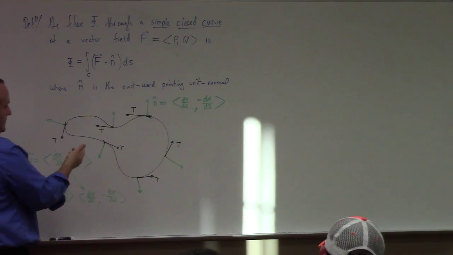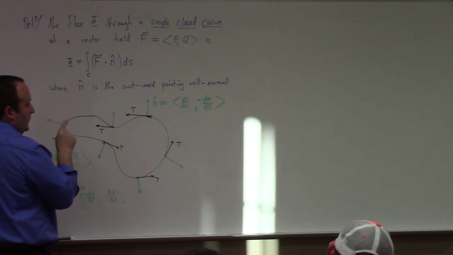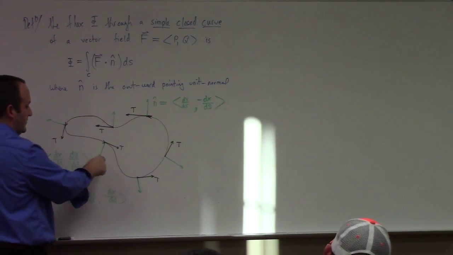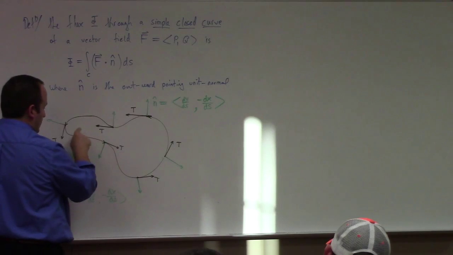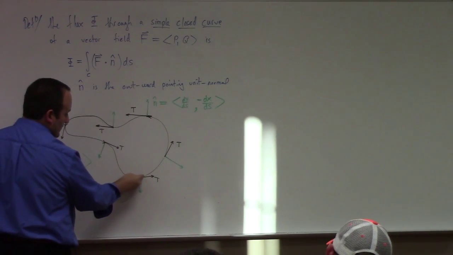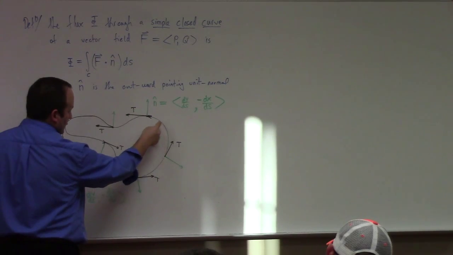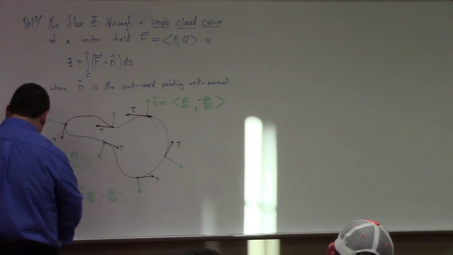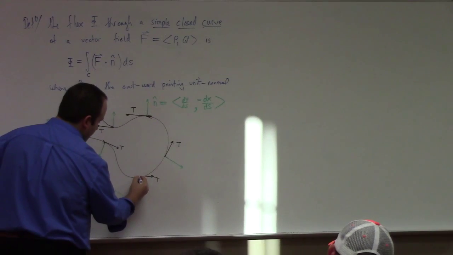If y is increasing, this should be pointing to the right. Where is y increasing? Let's see here. Y is increasing basically along this stretch of it right here.